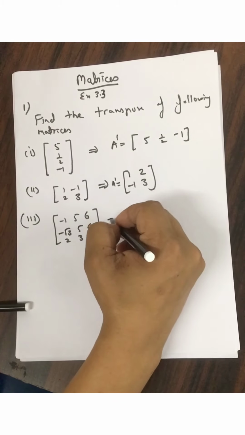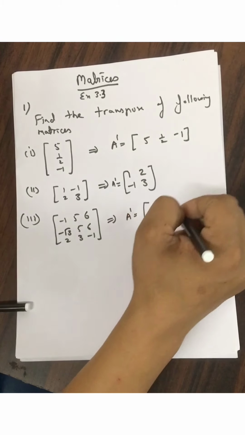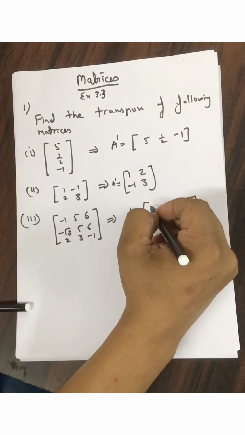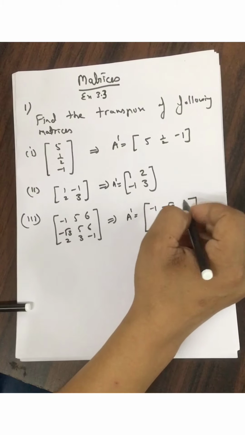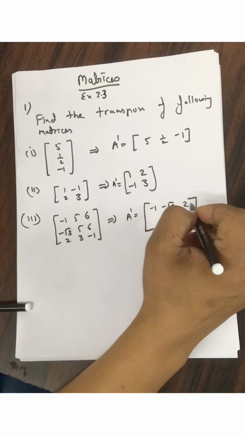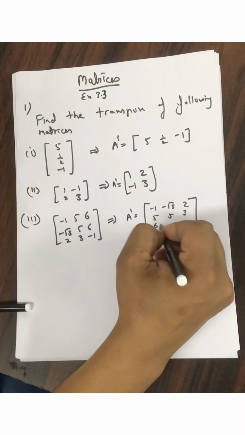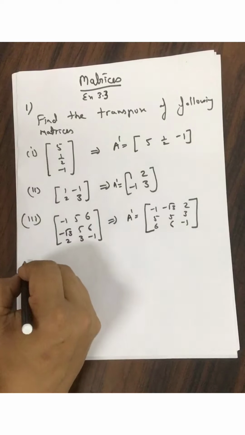This will change into transpose of matrix A will be equal to -1, -√3 and 2, then 5, 5 and 3 and 6, 6 and -1. Got it? Simple. Okay. Let's do the next one.